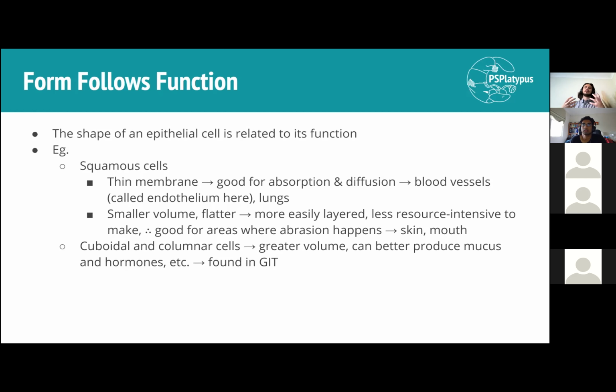That's good for areas where abrasion happens, where you've got a lot of friction and likely damage, for instance on the skin and in the mouth. With cuboidal and columnar cells, they have a greater volume and more capacity to produce mucus and hormones and things, for that secretion function. That's why you'll find them in the gastrointestinal tract, for example.